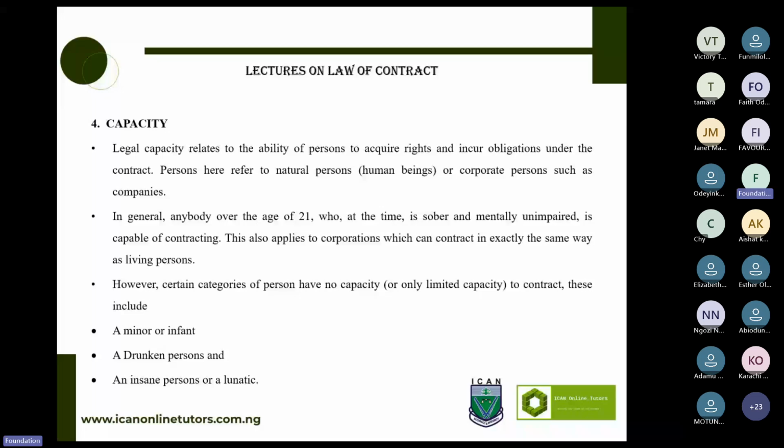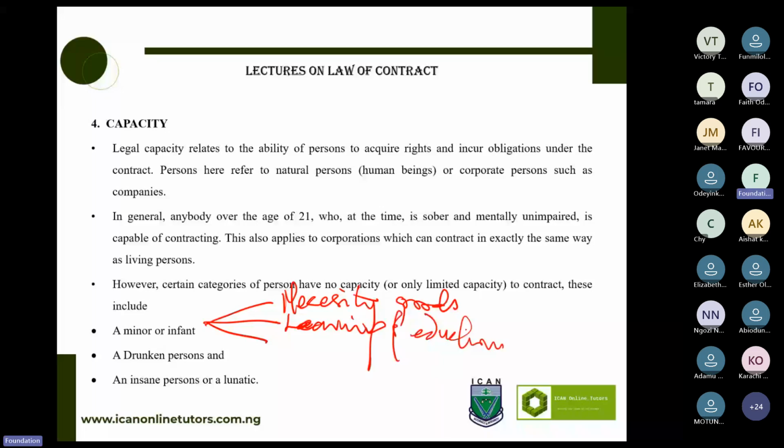So it can enter into three types of contracts: necessity goods, learning and education, and apprenticeship. Some textbooks split apprenticeship out; some see it as part of learning and education. So only these three types of contract can an infant enter into, and he can ratify it.